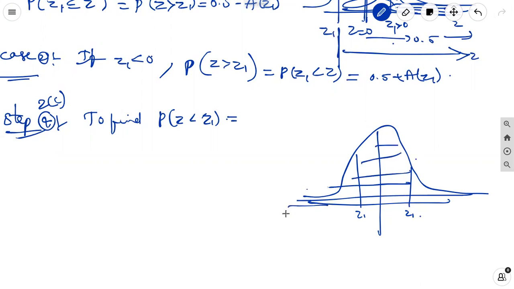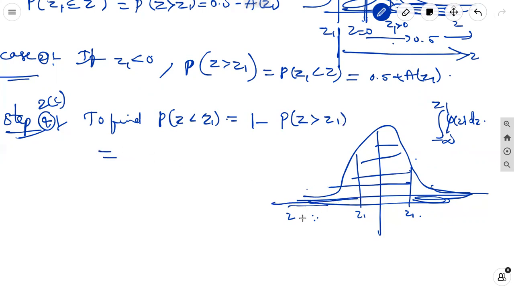This is the integral from minus infinity to Z1 of f(z) dz. Here the total area is 1. From the 1 we take 1 minus the probability of Z greater than Z1, which is 0.5 minus area of Z1.